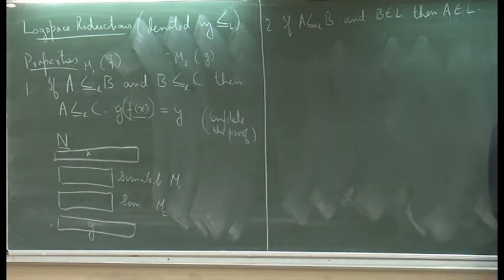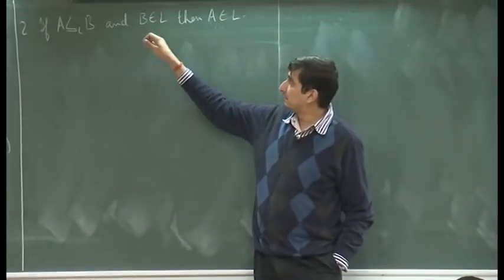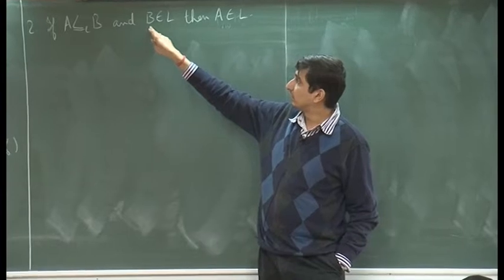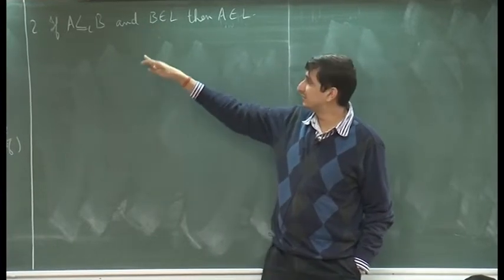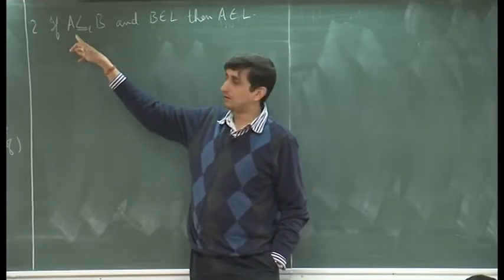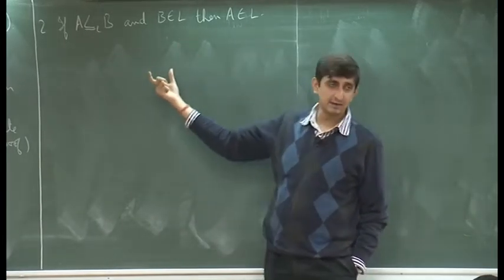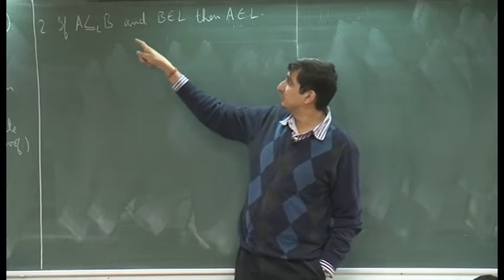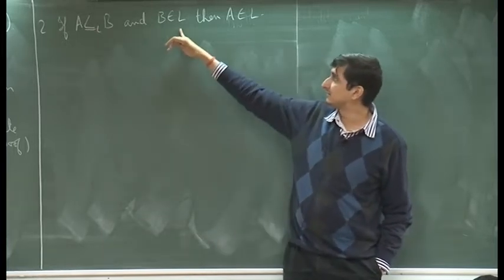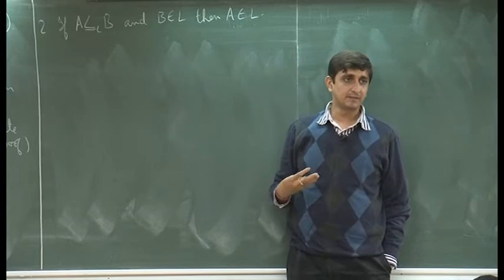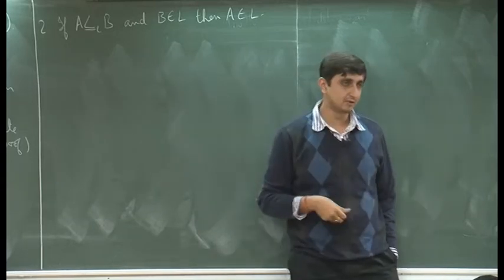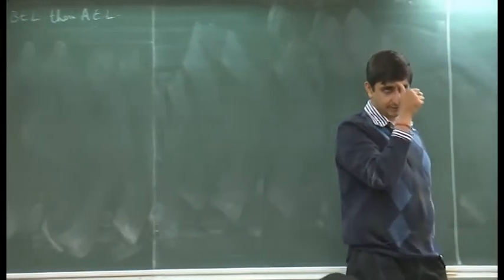We have a log space machine for B. Whenever that log space machine requires an input of the language B, we just use this reduction. So, basically I want to show that A belongs to L. Given an input, I will just use this reduction and this log space machine together and decide whether A belongs to L or not.